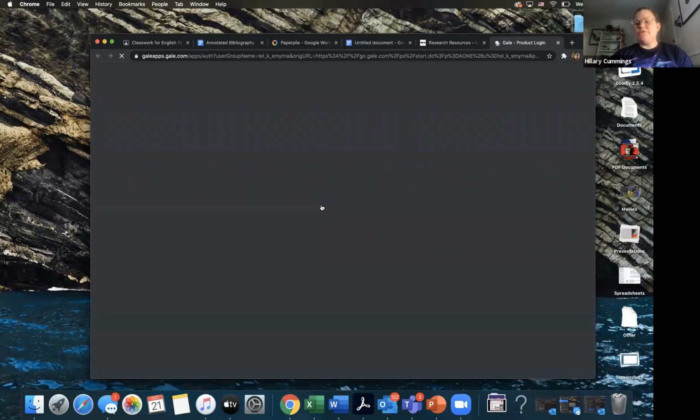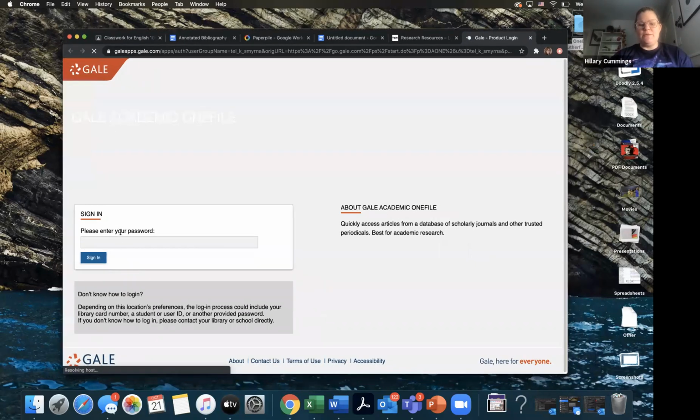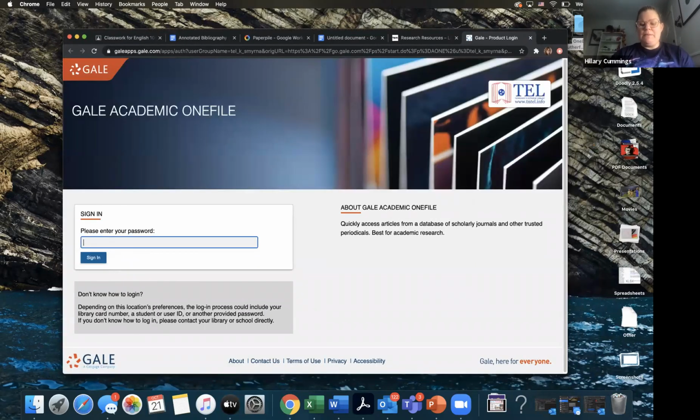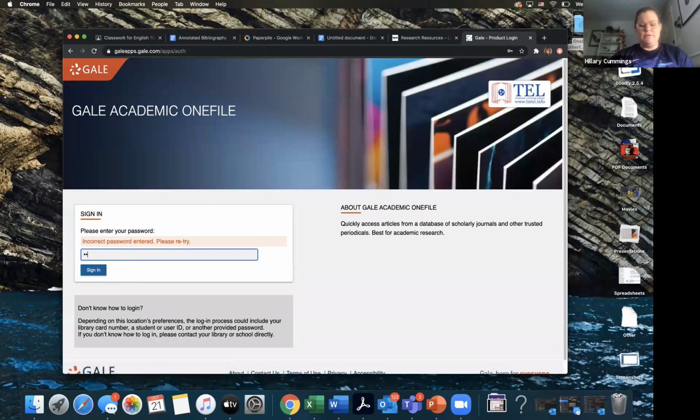So the key for success is that you're going to do some scanning. I'm not asking you to read 3 scholarly articles, because that would probably not be very fun, and it would also take you a lot of time. So I want you to scan through these articles, and you're going to mine for the information that you need. The password is Elvis, maybe.